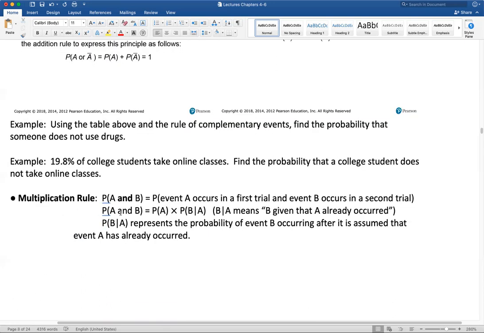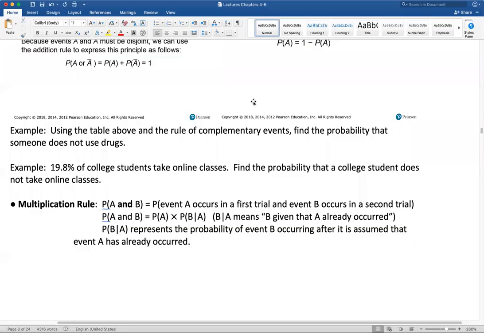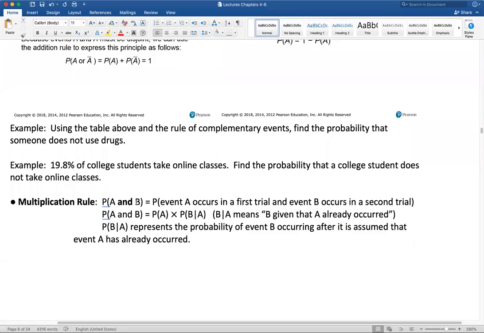The multiplication rule is about the probability of A and B. P of A and B means the probability that event A occurs in a first trial and event B occurs in a second trial.